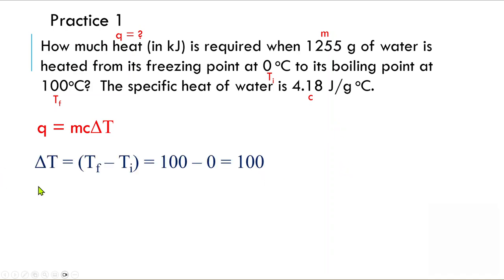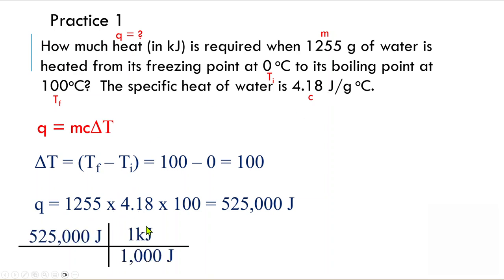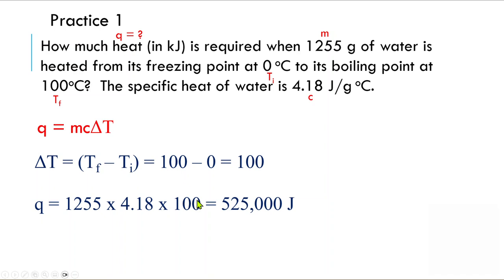Start by calculating delta T. Delta T is final minus initial. Final is 100, initial is 0, so delta T here is 100. Once we have delta T, we can just plug the variables in. So it'll be mass times specific heat times change in temperature. When you do that, you get 525,000 joules.